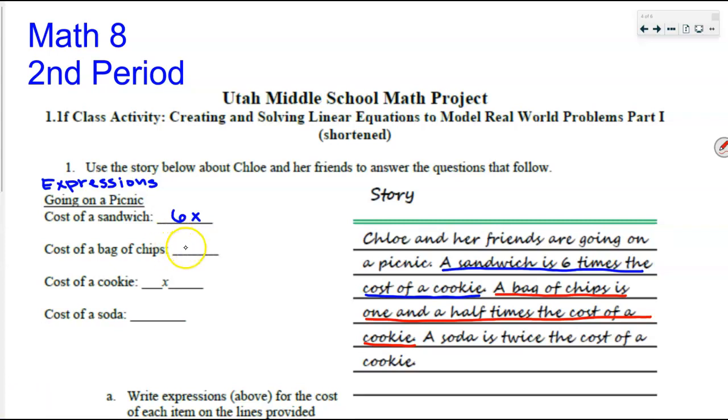One and a half is multiplied by X. So how am I going to write that? 1.5X, which is 1.5 multiplied by X. I'm lazy, right? So I don't put that times X. I just know that it's there.